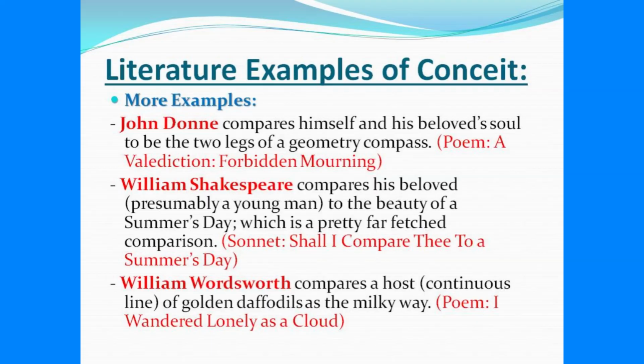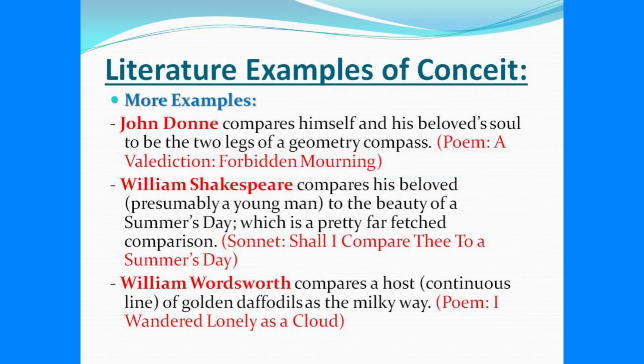You must have heard of the poet John Donne, and he is a very famous metaphysical poet. So John Donne has compared himself and his beloved's soul to be the two legs of a geometry compass in his poem A Valediction Forbidding Mourning. Alright, so in this poem, John Donne compares himself and his beloved's soul to be the two legs of a geometry compass.